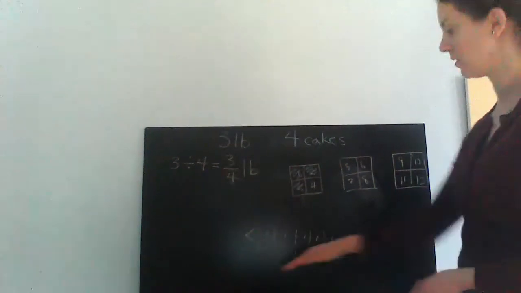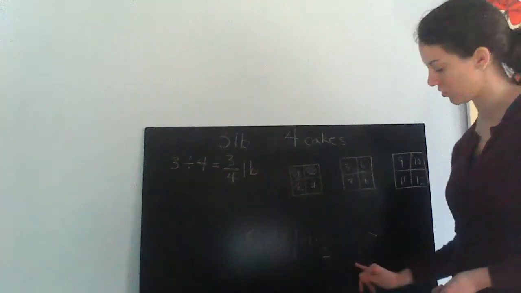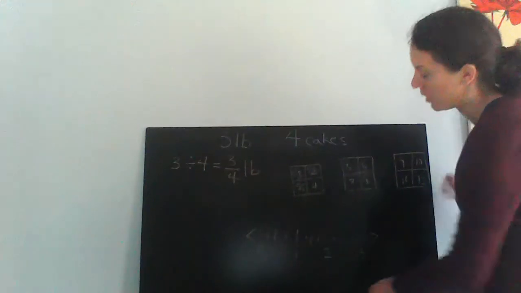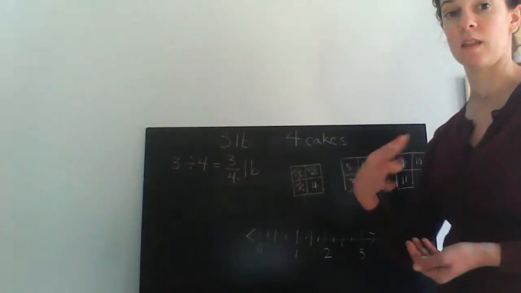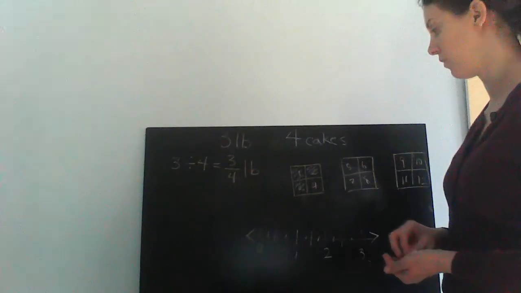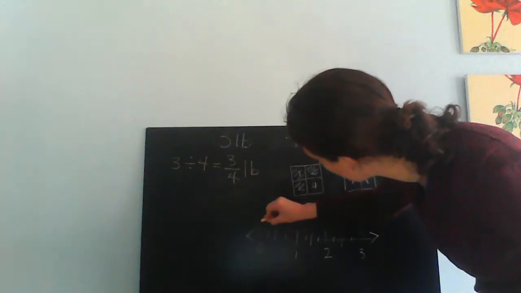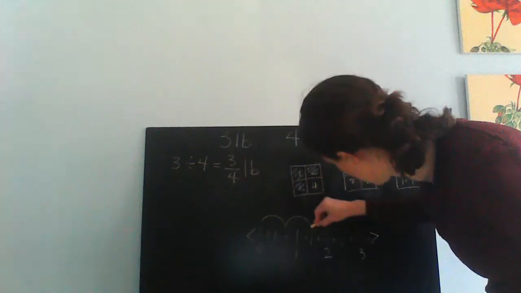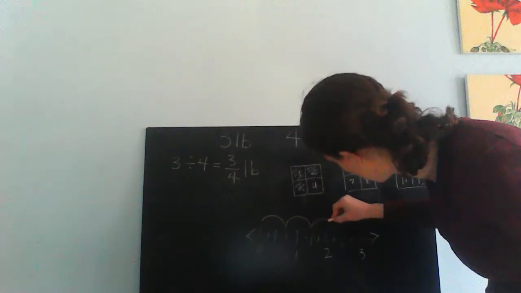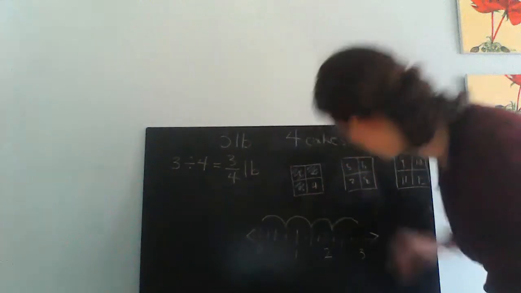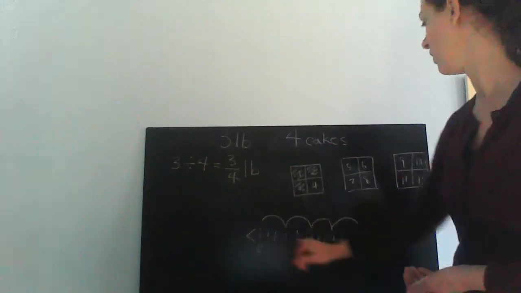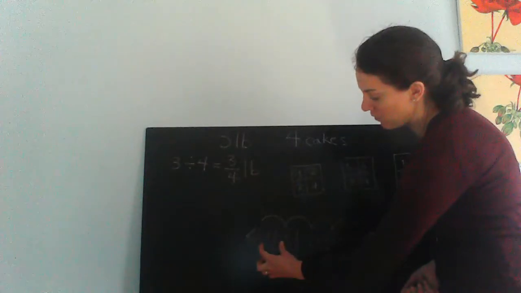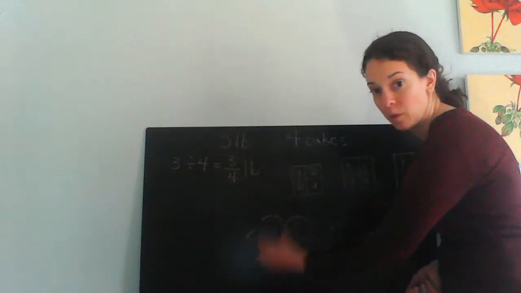And it's just another way to see that to divide 3 into 4 equal parts, you end up with 4 parts that each contain 3/4. So you think of it this way. Here's 1 part, 2 parts, 3 parts, 4 parts. Okay, and each of these parts is 3/4 of a unit, or 3/4 of a pound wide.